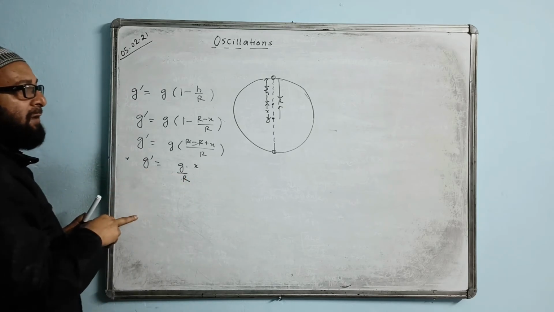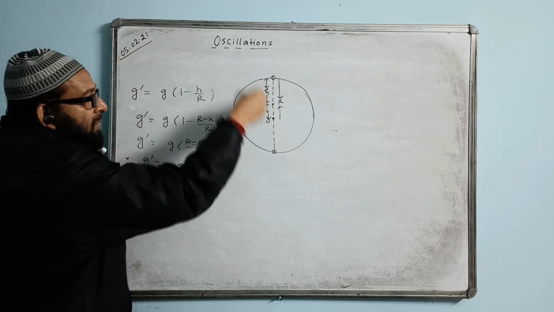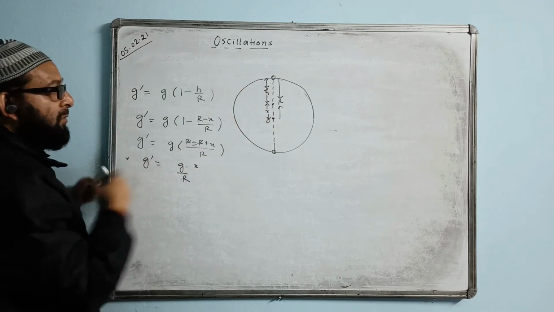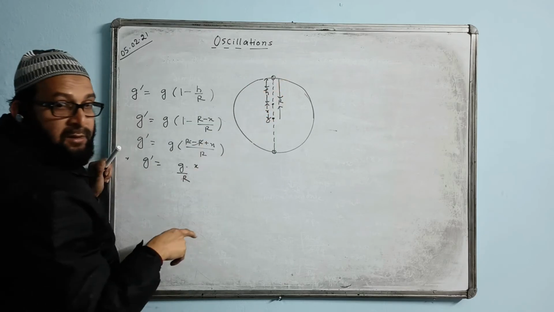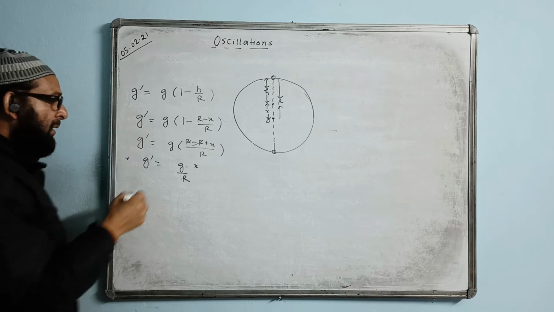This is the acceleration due to gravity, but the body is moving this way, and the displacement is in the opposite direction, because gravity is acting like this, but the displacement is measured in this direction. That means they are already opposite.